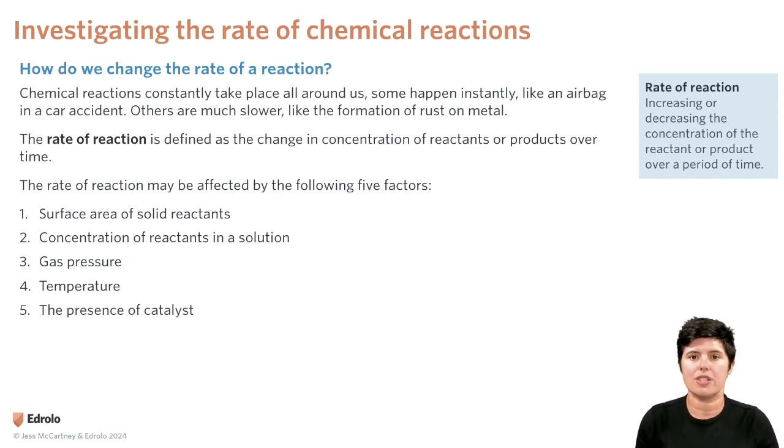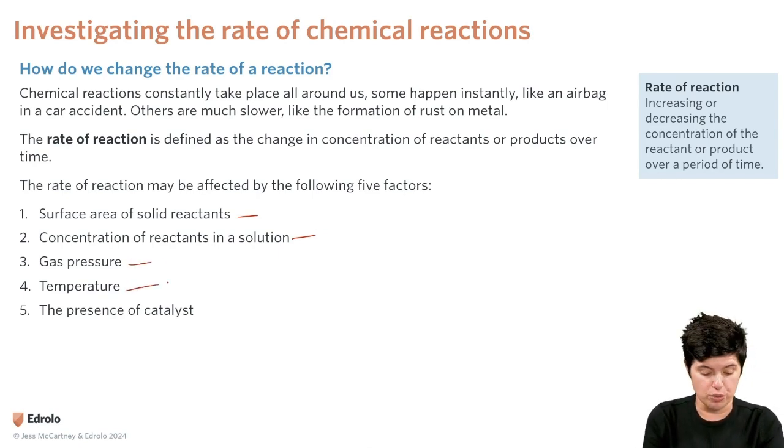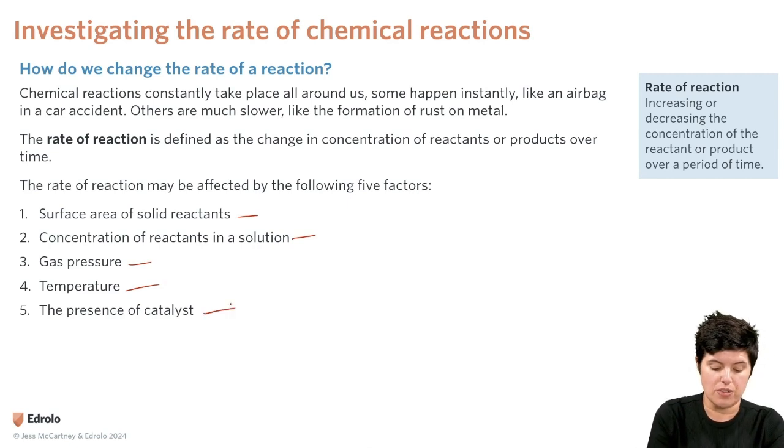So there are certain things that we can do as scientists to increase the rate of a chemical reaction. These are the surface area of the solid reactants, the concentration of the reactants in solution, the gas pressure, the temperature of the reaction, and the presence of a catalyst.